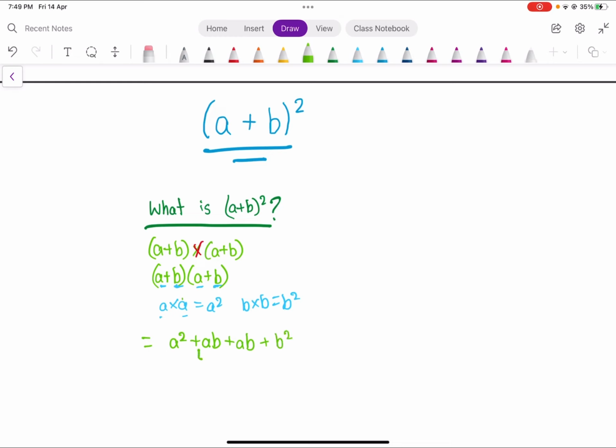If we have 2 of these ab's, then we can write that down as a squared plus 2ab plus b squared. So this is our first method where a plus b whole squared gives us a squared plus 2ab plus b squared.